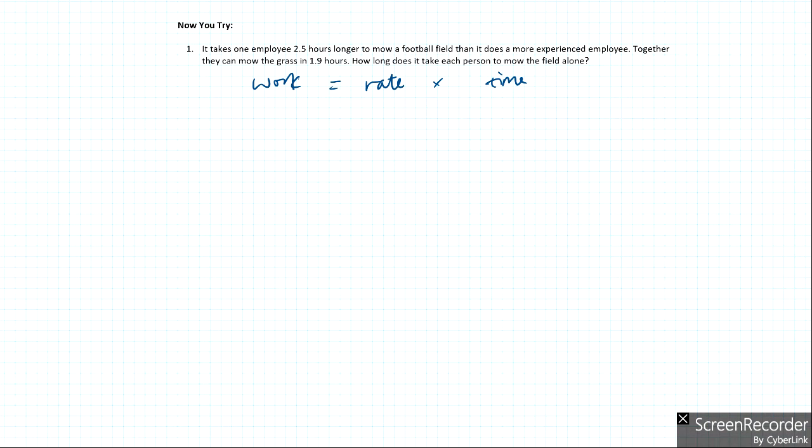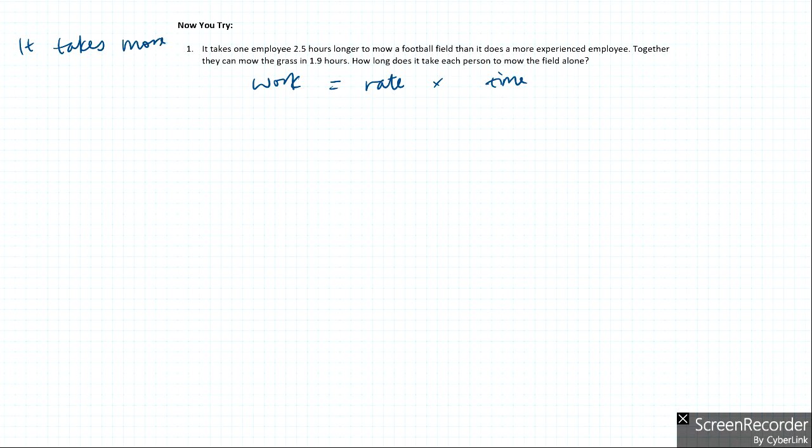And in this case, if we want to figure this one out, we can again start off by setting up the variable. Because we are looking for how long each person would take, I'm going to write a sentence here.